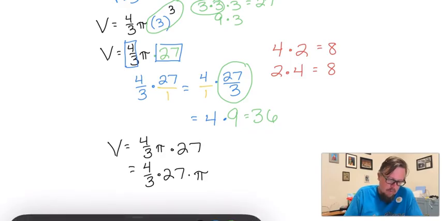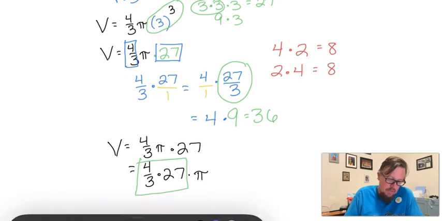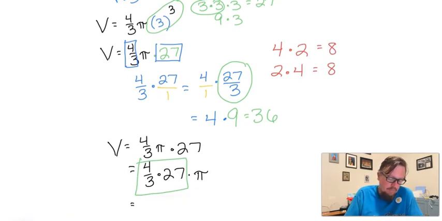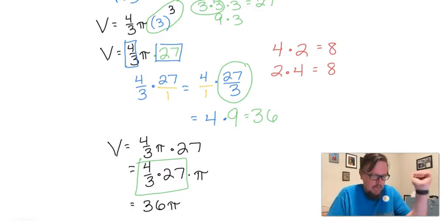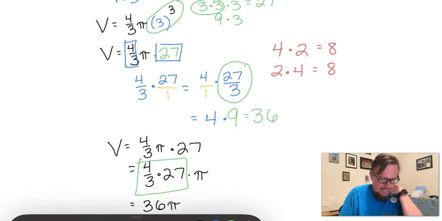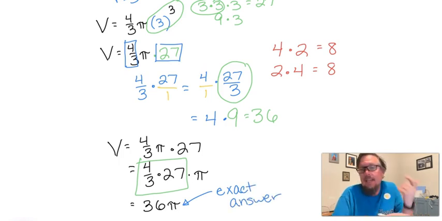And when we did 4 thirds times 27 just now, we got for our answer 36. 36 pi is what is called an exact answer. 36 pi is the exact answer, meaning I have not rounded my answer.